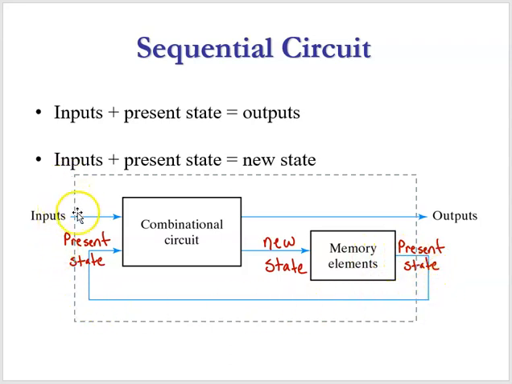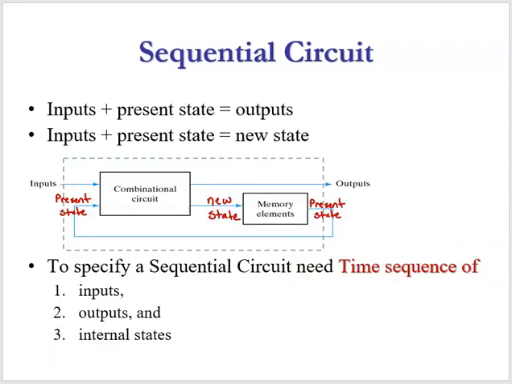So this dotted line represents the circuit itself, where we have inputs on the left and outputs on the right. The present state is internal to our sequential circuit, and it's the output of the memory elements. The new state is a combination of both the inputs and the present state.